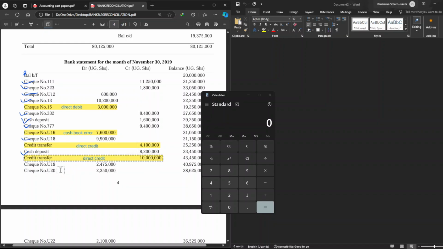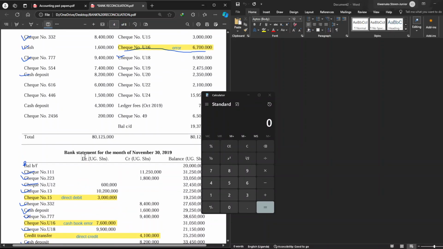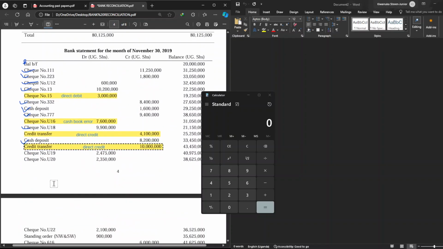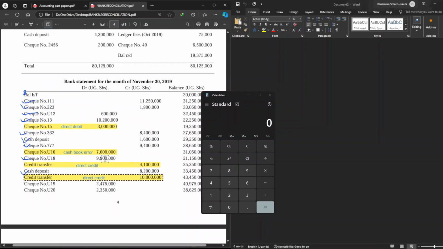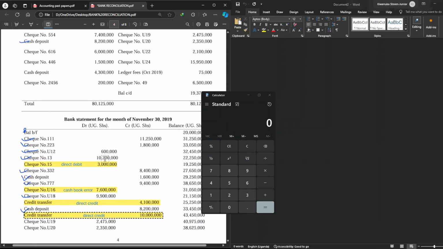So check number U19, 2475. Debit side should appear on the credit side. U19, 2475. We see that it is appearing.